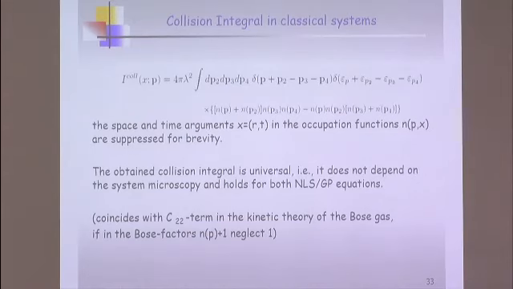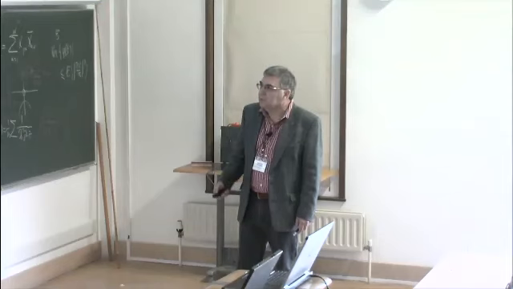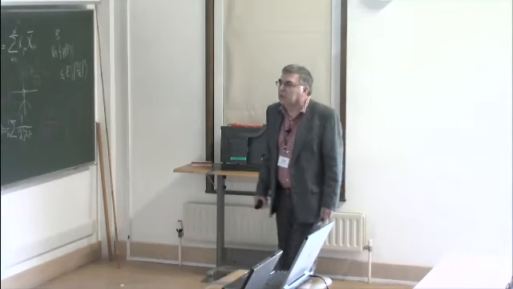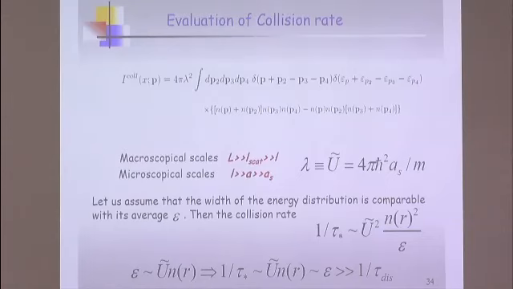Now, since it is a term which is derived from the classical equation, it doesn't depend on microscopics, and it is the same term both for the nonlinear Schrödinger and for the Gross-Pitaevskii equation. Now, again, what are we doing? We are interested in physics on large scale.